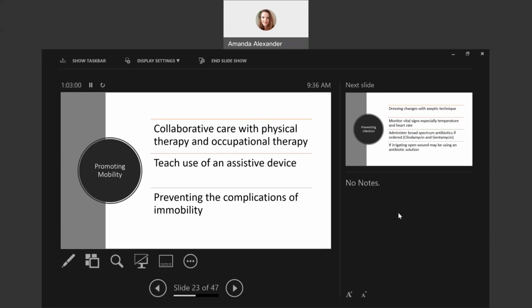We're having them change positions at least every 2 hours. We're observing for any urinary or bowel incontinence. We may have the patient identify these risk factors back to us. They may have to use pillows, boots, the trochanter roll, or even wedge pillows to help reposition them.